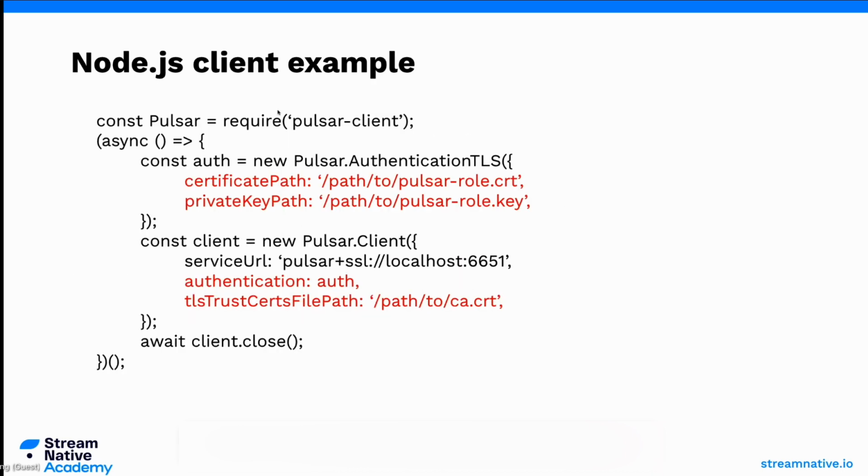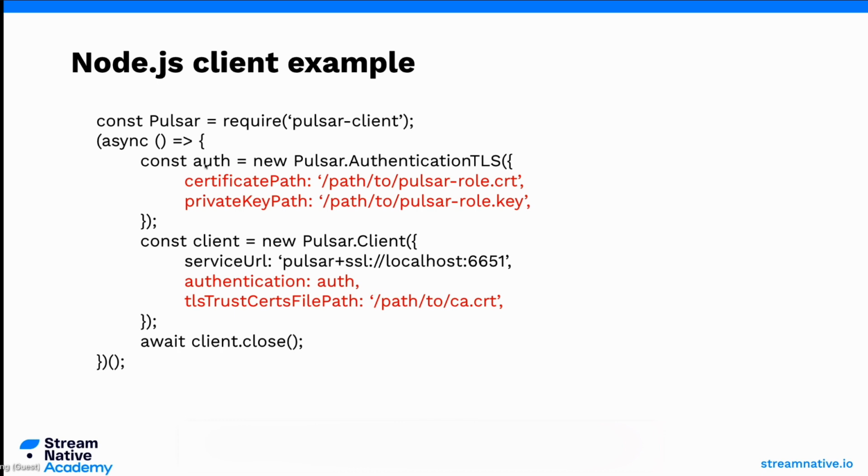This is an example of how to initiate a Pulsar client, right? So const Pulsar is a variable, requiring the module called pulsar-client, and everything is wrapped up as an async function, this async callback function. In this function, use curly braces to specify your properties.